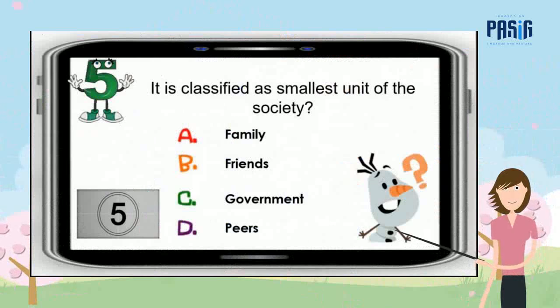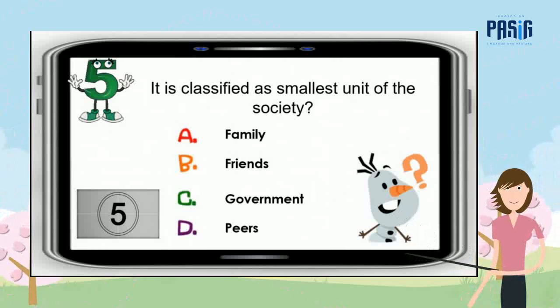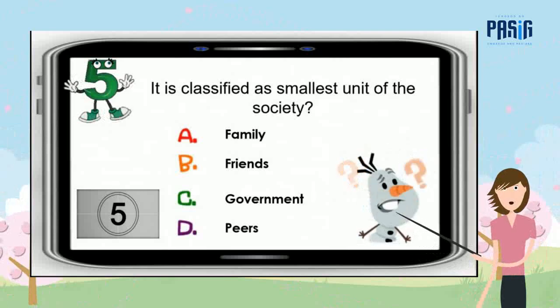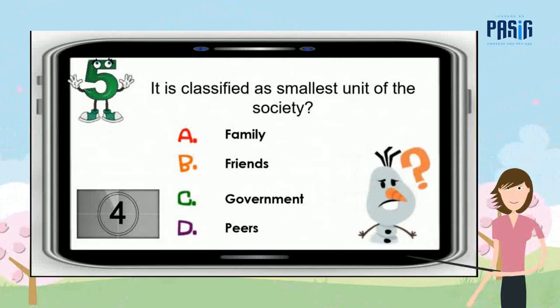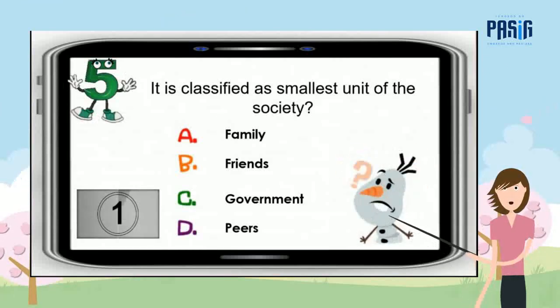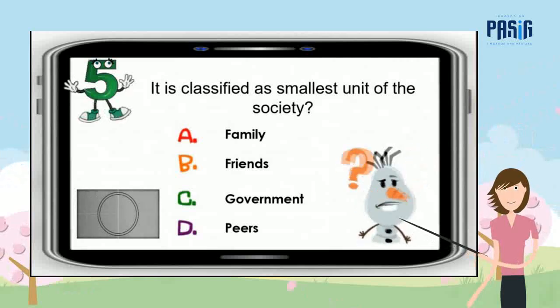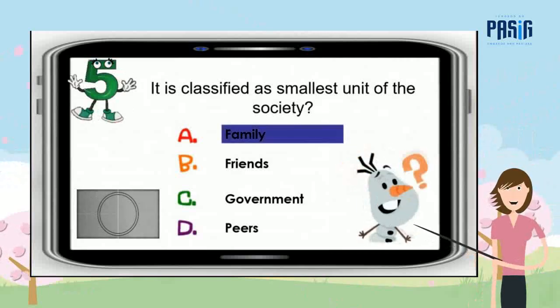For number 5, it is classified as the smallest unit of the society. A, family, B, friends, C, government, D, peers. The answer is letter A, family.